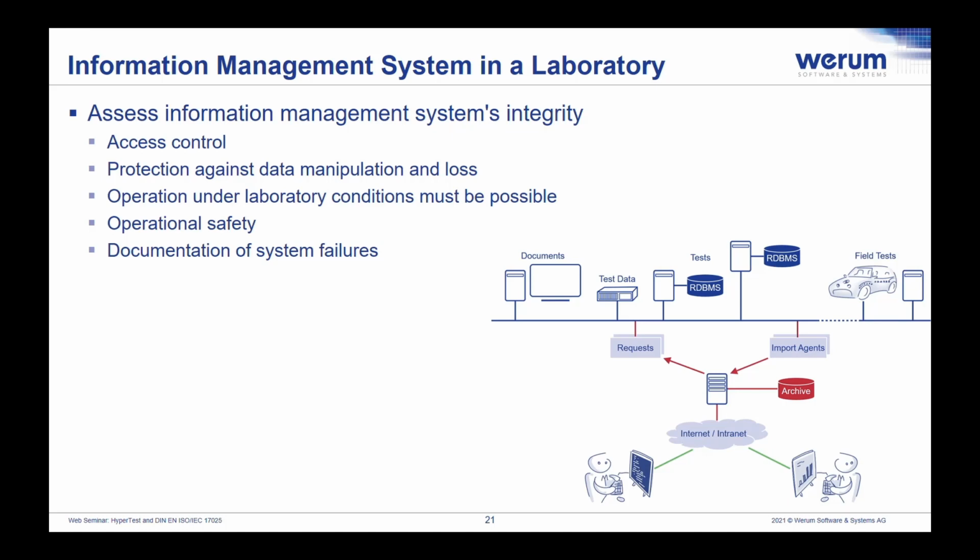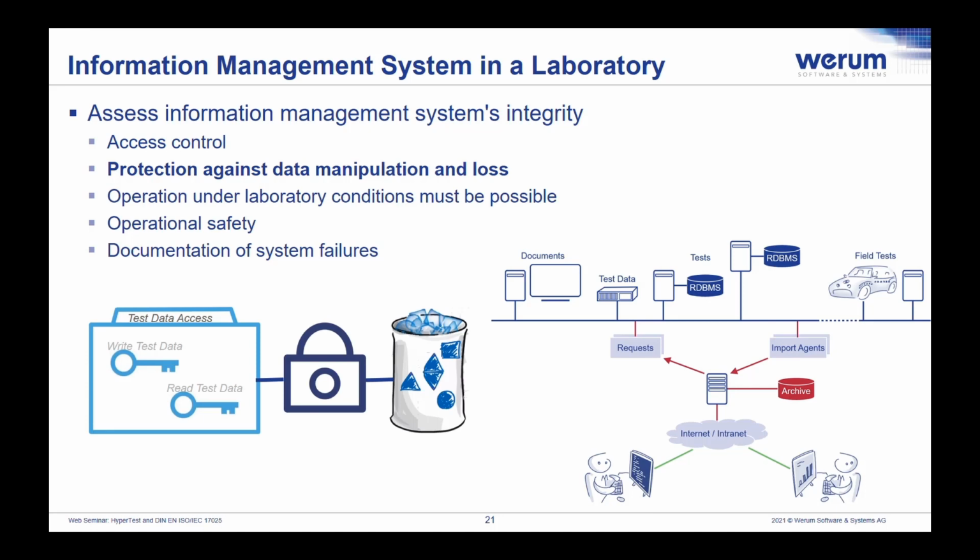As to the assessment of operativeness of the information management system, the ISO standard presents a number of requirements HyperTest supports in the following way. HyperTest implements access control based on the integrated roles and rights management. All data can be protected against manipulation by assigning write and read rights.